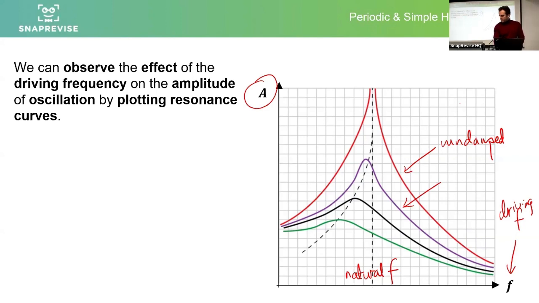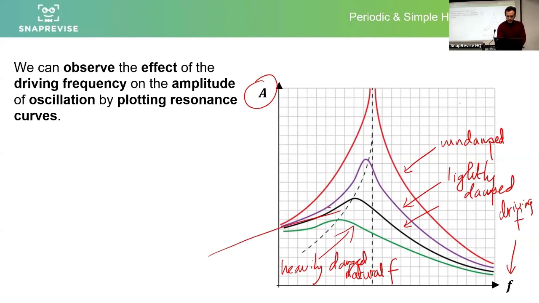So we can do both things. We can apply the driving frequency and we can damp it. So we're progressing: undamped, lightly damped, and then progressively heavier damped. We will see that we have this split off line.